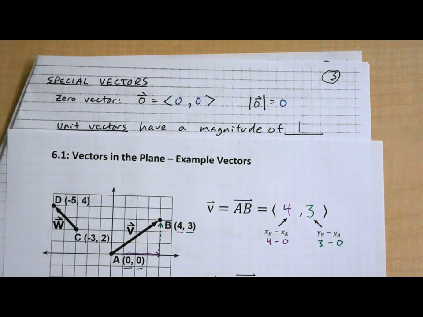Somebody want to be bold and give me a vector that would be a unit vector? Remember, you're going to have to give me 2 components, an x component and a y component. So, yes? 0, 1 is a unit vector. That's awesome. 1, 1 is a unit vector.